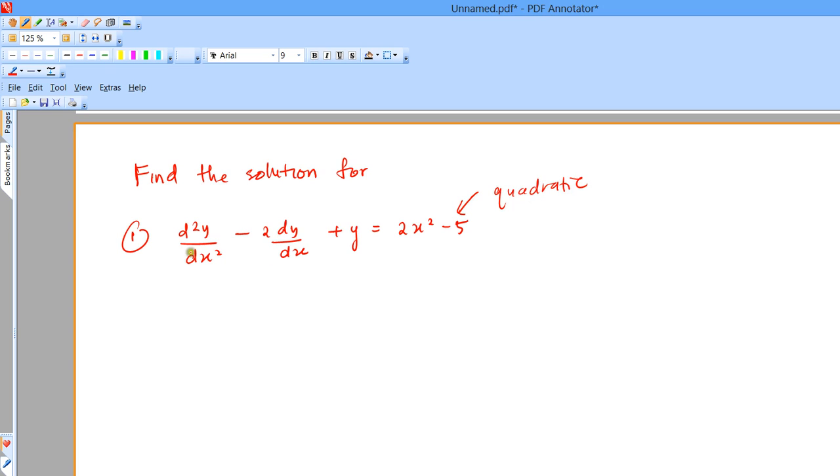And then we let d²y/dx² equal m² - 2m +, and y equal m to the power of 0, or equal to 1, so + 1 = 0. So the first step is to solve the homogeneous differential equation to find yc.